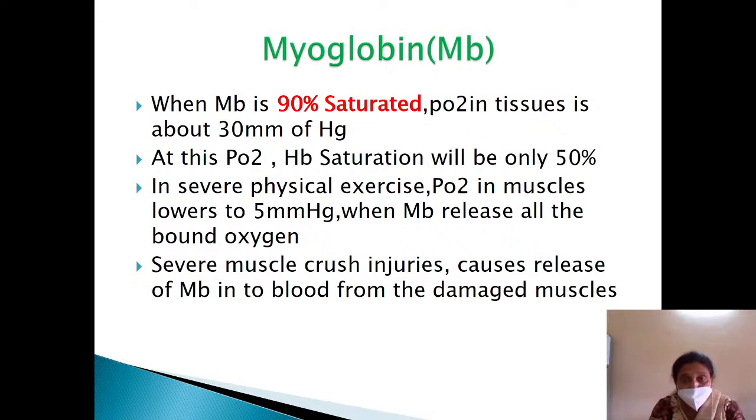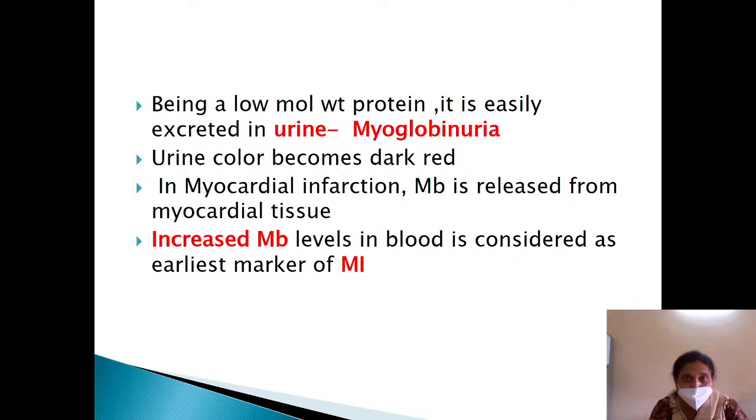During muscle crush injuries, dark red color urine is passed, because myoglobin will be released into the blood and then excreted into the urine. But in myocardial infarction, in heart disorders, myoglobin is released from cardiac tissue, and so increased myoglobin levels in blood is considered the earliest marker of myocardial infarction.